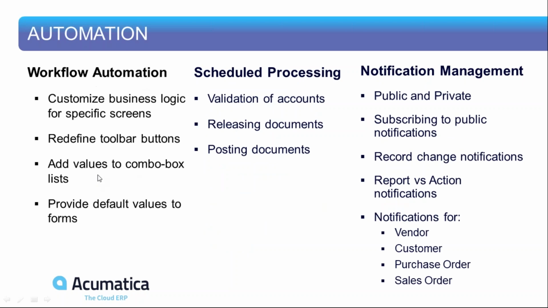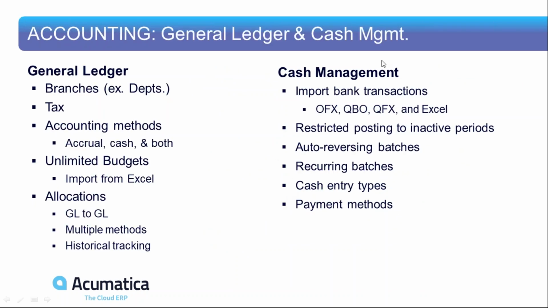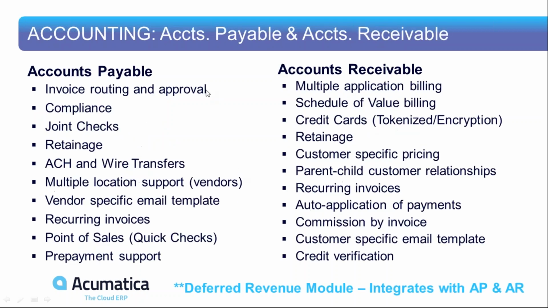We allow you to do workflow automation. So if you want to customize how certain screens work, we can do that. We have notification tools, processing tools. When we get to the general ledger, unlimited number of budgets, import them from Excel. Cash management, we can import bank transactions, so the typical format of transactions that are coming out, we can bring those in.